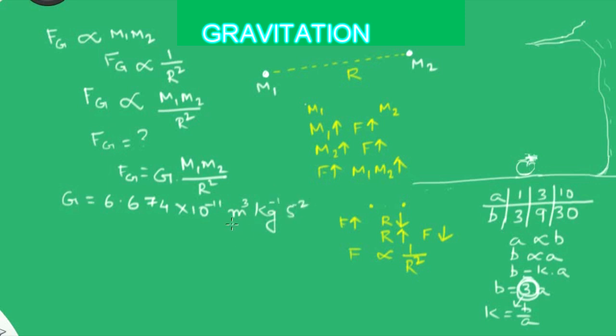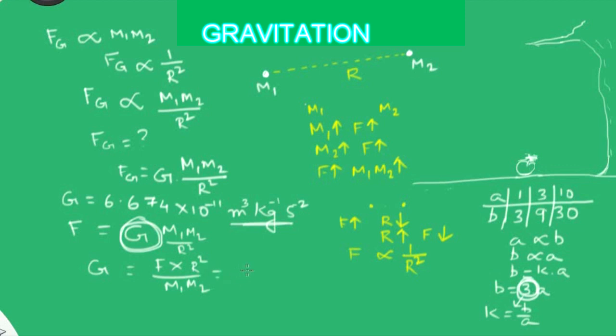But wait, meter cube per kg per second square, how do I even remember this sort of complicated stuff? I don't have to remember it actually. If F is equal to G times m1 m2 by r square, then the unit of G has to be equal to F times r square by m1 m2.